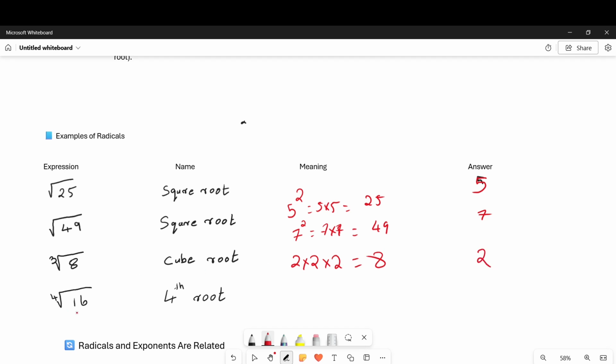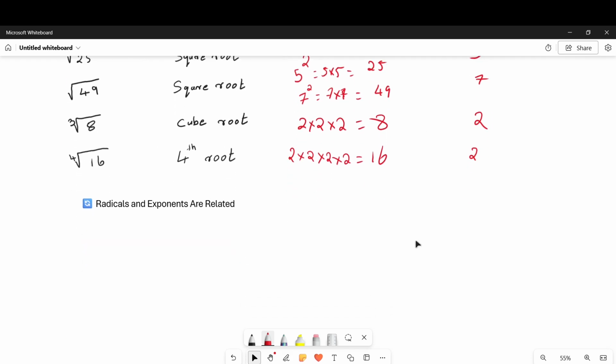Now the fourth root, this number n is 4. The fourth root of 16. Same thing, what value multiplied by itself 4 times gives the value 16? It's again 2. 2 times 2 is 4, times 2 is 8, times 2 is 16. So the fourth root of 16 is 2. That's it, very simple.